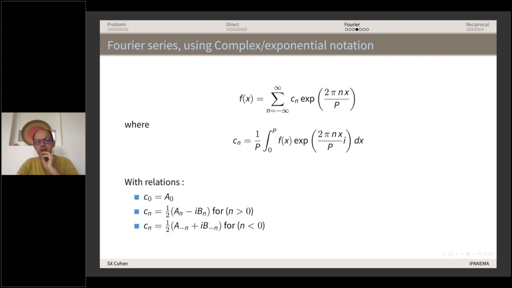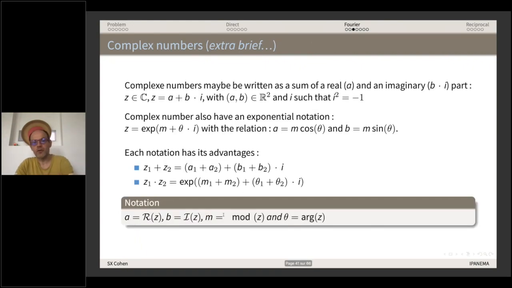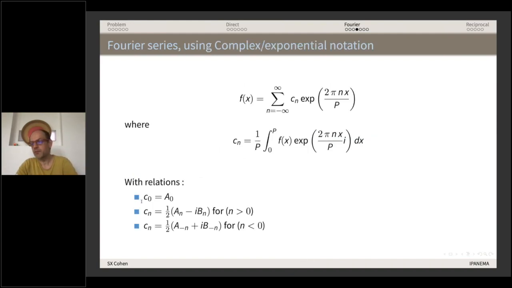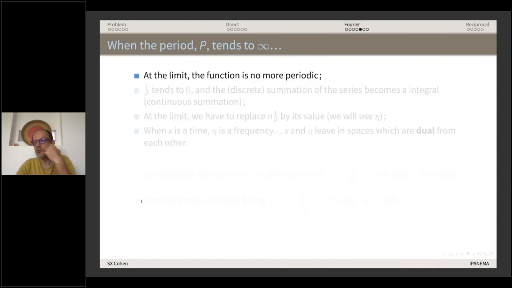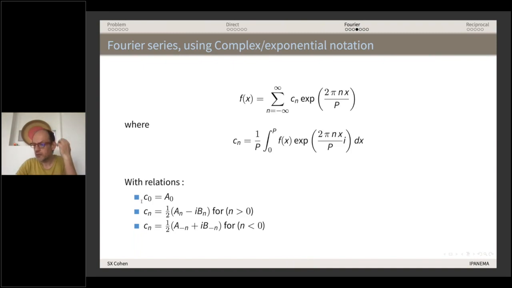Once projected, if the sum is not finite but infinite, the function is exactly equal to the sum of its projections on each of the basis vectors. Because of the relation we have between m, theta and the real and imaginary parts, we can derive that the two notations of the Fourier series are isomorphic, completely equivalent, with the relations which are given here.